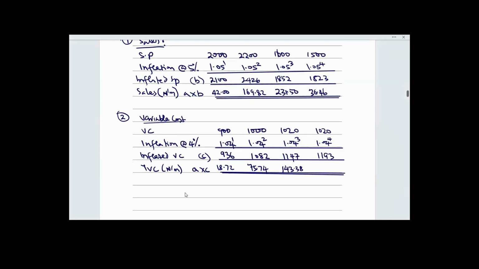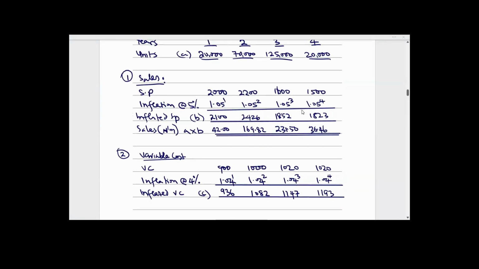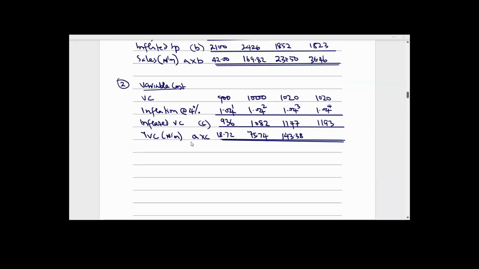Then year 4, 20,000 units multiplied by 1193 equal 23.86. 23.86. So you call the number for me so that I don't need to be switching up and down.